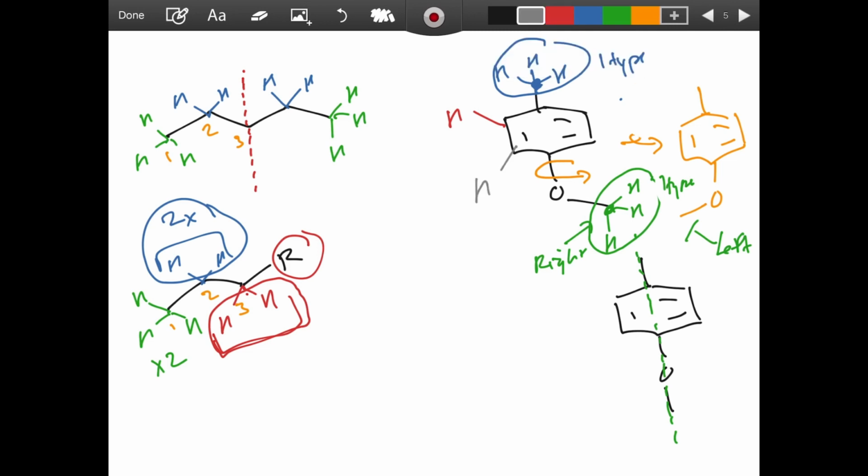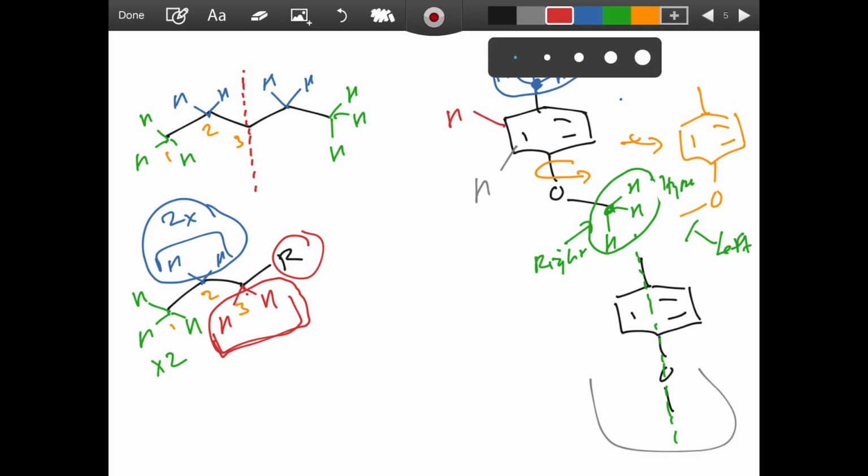Now, the molecule is symmetrical, which we showed down here. So that means this red hydrogen is exactly the same as the hydrogen across from it. And then the gray hydrogen is exactly the same as the hydrogen across from it. But are the red hydrogen and the gray hydrogen the same?